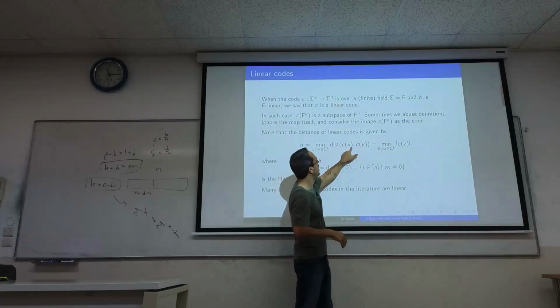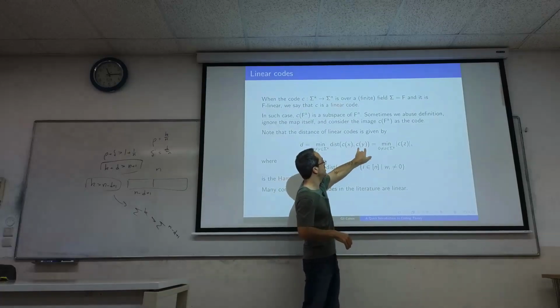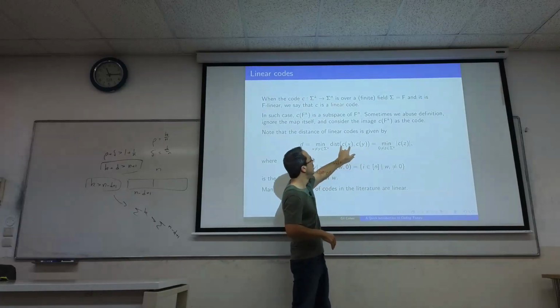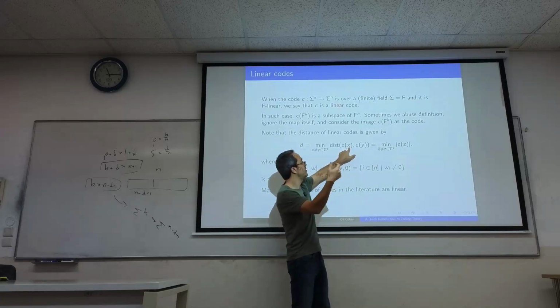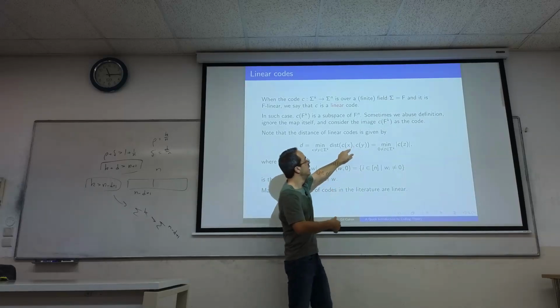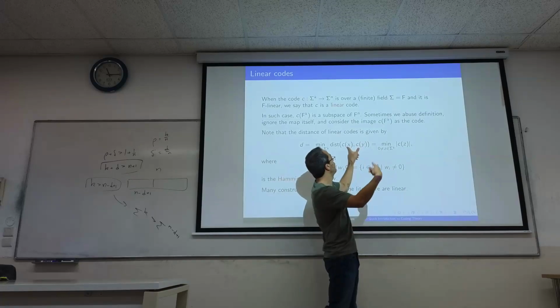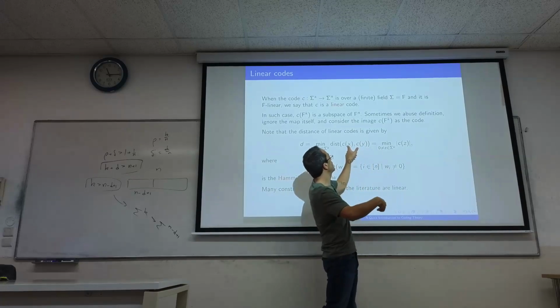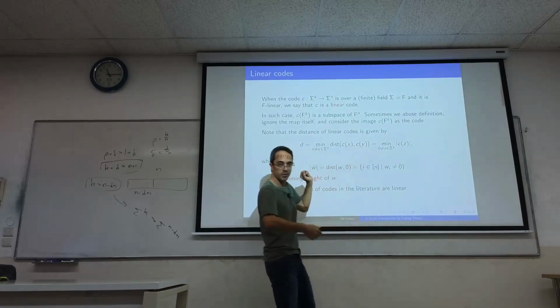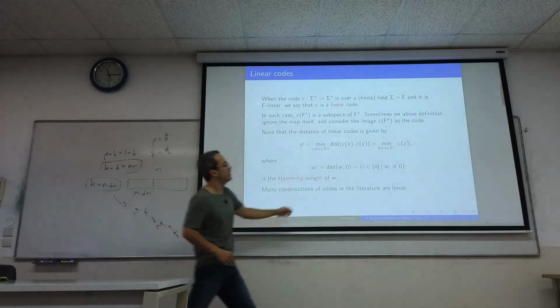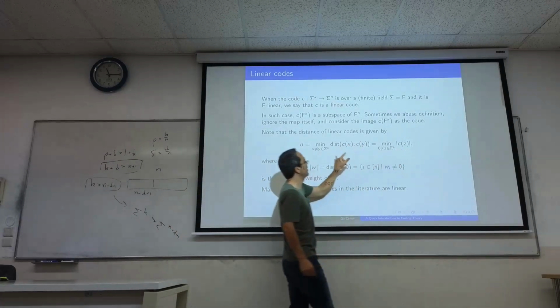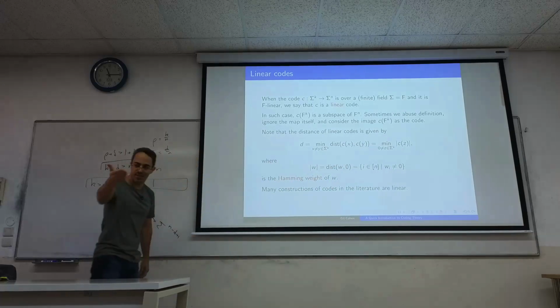And c of y minus y is c of 0. And c of x minus y is just another element, x minus y, in the message space. So really, it's enough to consider only the non-zero code words against the 0 code word. Well, again, this is the Hamming weight rather than the Hamming distance, which is just the Hamming distance to 0.